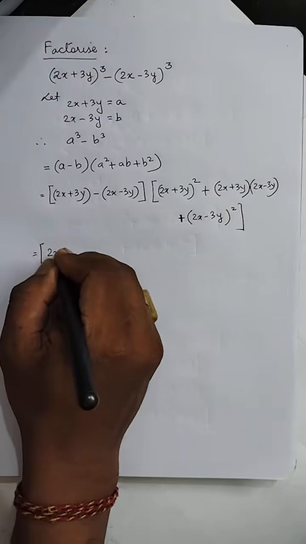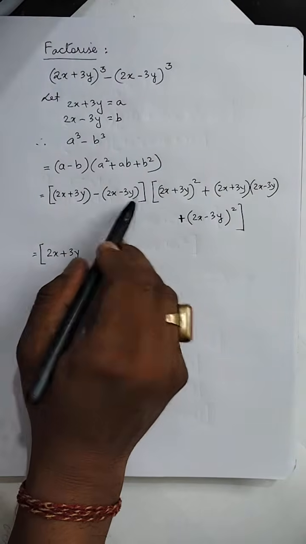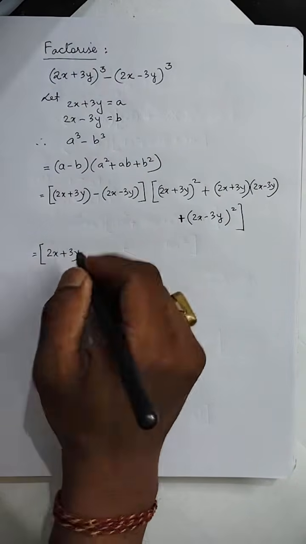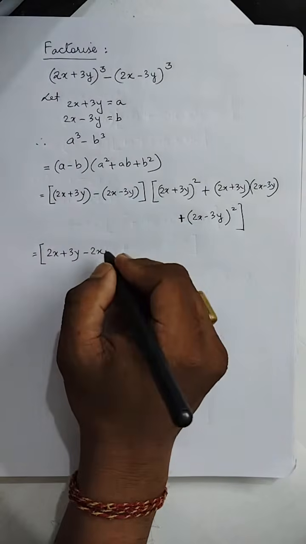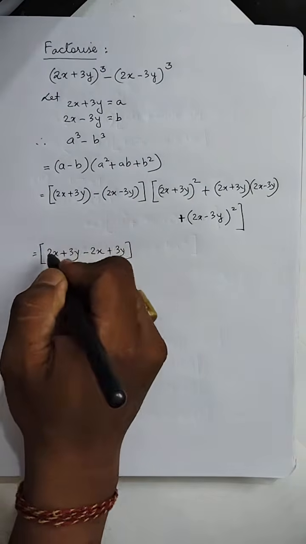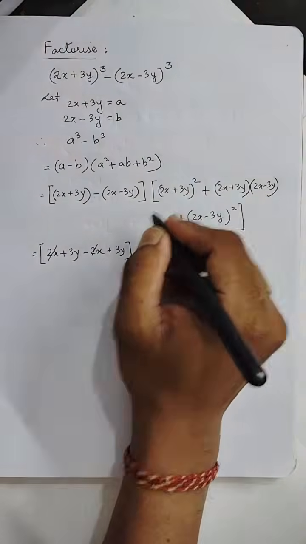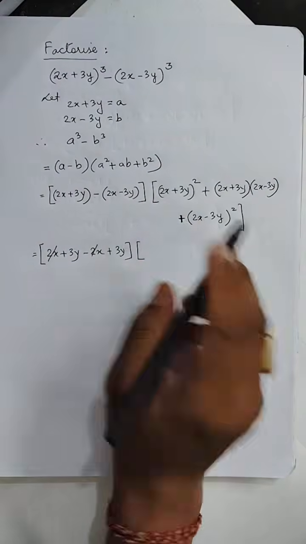So this is 2x plus 3y, and this minus outside is waiting to be multiplied to each of the terms. So minus times 2x is minus 2x, and minus 3y will become plus 3y, and the positive 2x and negative 2x will get cancelled out. Then we have 2x plus 3y whole square.